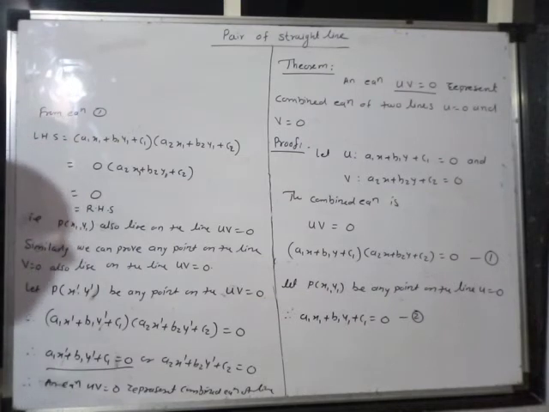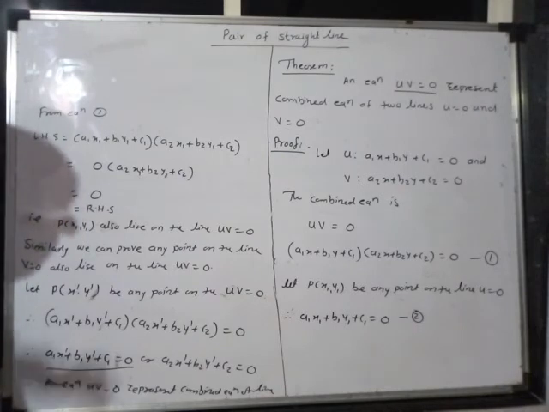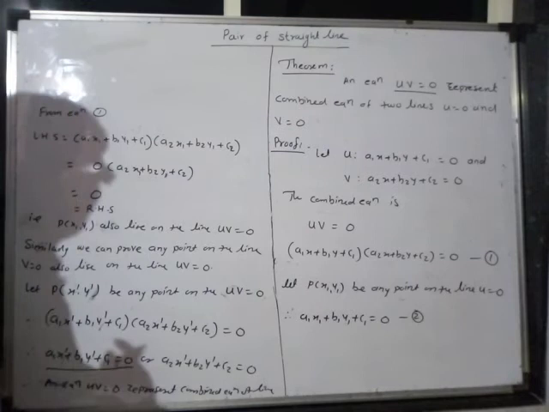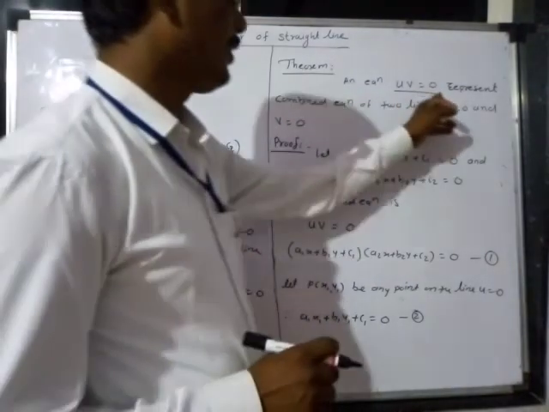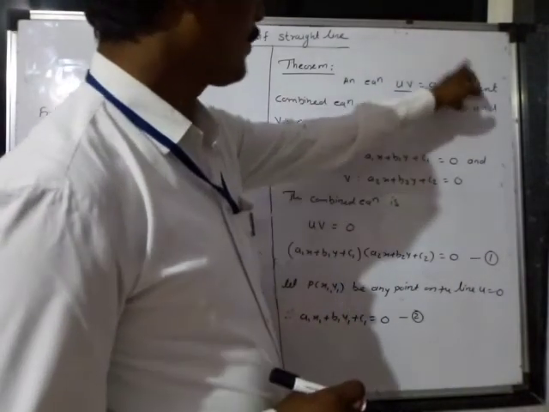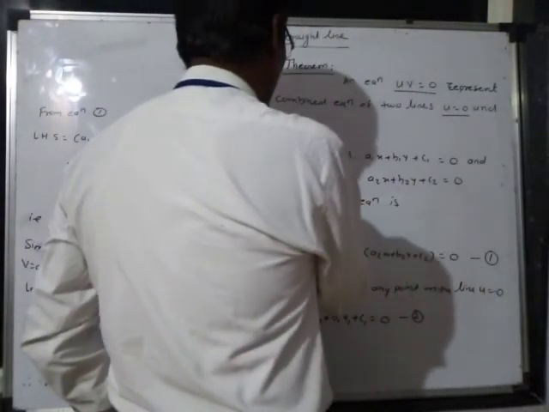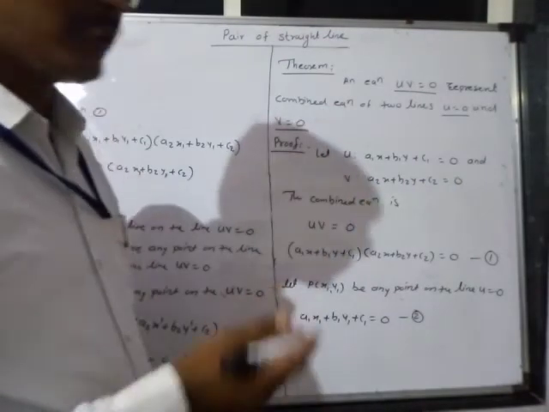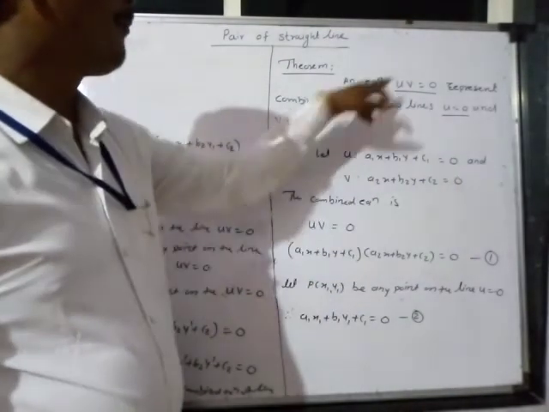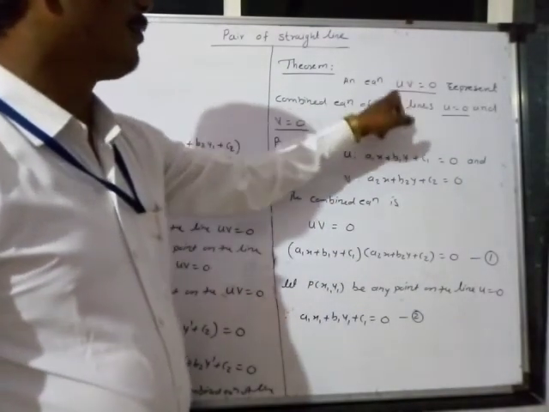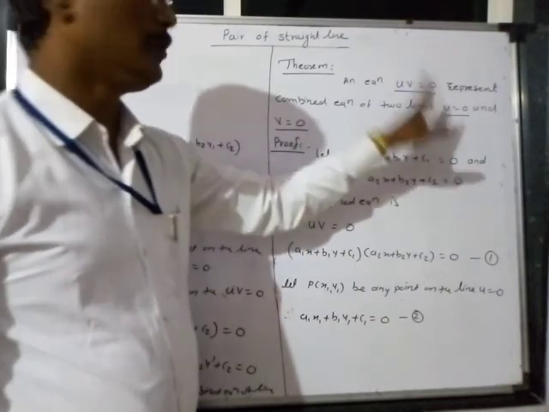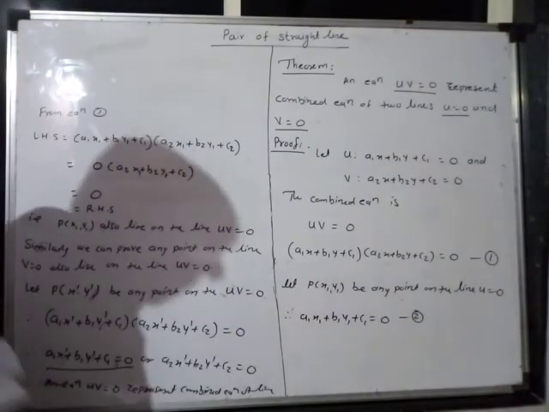Now we have one of the remarks. So the remark says that this equation u into v is equal to 0 is called the combined equation of the two lines u is equal to 0 and v is equal to 0. This is also called the pair of straight lines of the two lines u is equal to 0 and v is equal to 0.